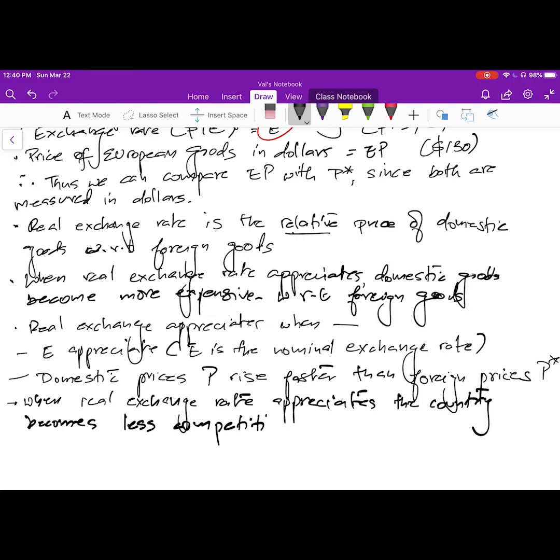If you think about it, this is nothing different from nominal exchange rates, because when nominal exchange rates appreciate, the country also becomes less competitive in the sense that its exports are more expensive, so foreigners demand less of its exports, whereas imports become less expensive and home consumers demand more of imports. Okay, so that's the real exchange rate.